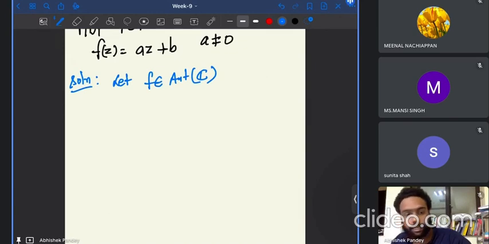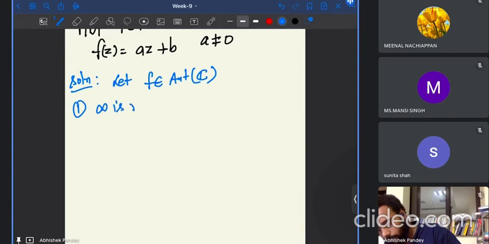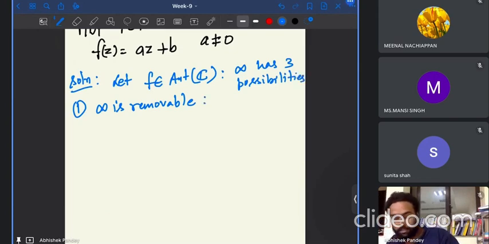Since f is an entire function, infinity has three possibilities. First, suppose infinity is removable.